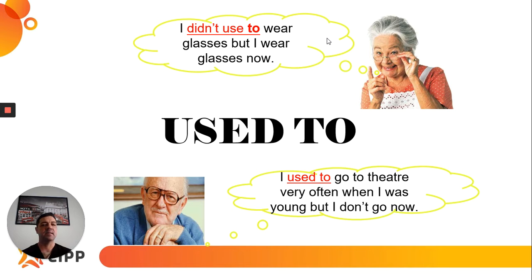The lady said, I didn't used to wear glasses, but I wear glasses now. Or the man said, I used to go to the theater when I was young, but I don't go anymore. So you have two situations where they did something and this action has changed. They don't do it anymore, or they didn't do something which now they do. That's the main idea of "used to."